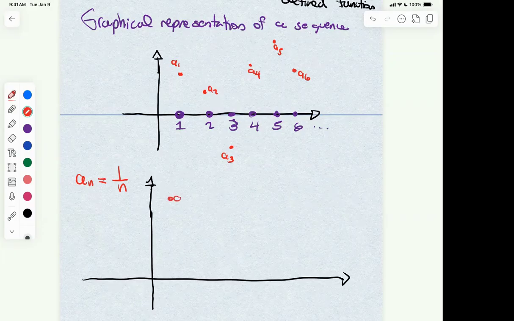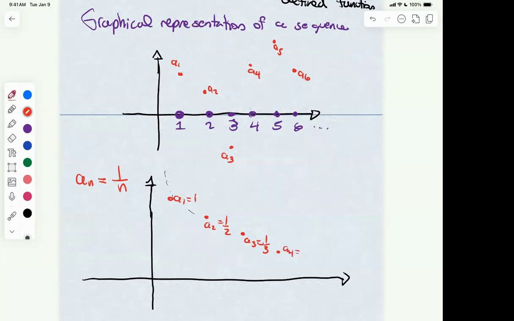So a1 would be 1, a2 would be 1/2, right? A3 would be 1/3. A4 would be, I should actually draw them more like a hyperbola, A4 would be 1/4, and here's 1, 2, 3.